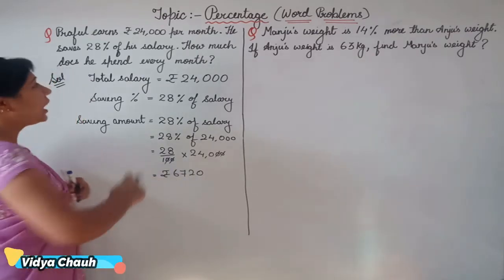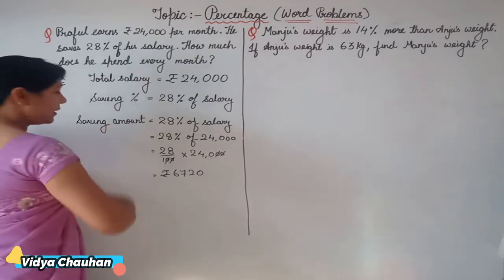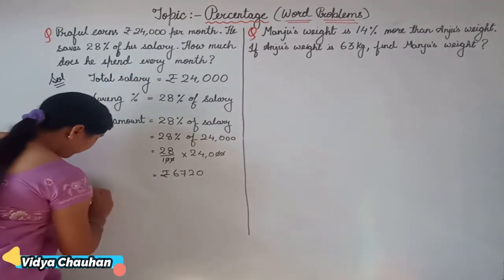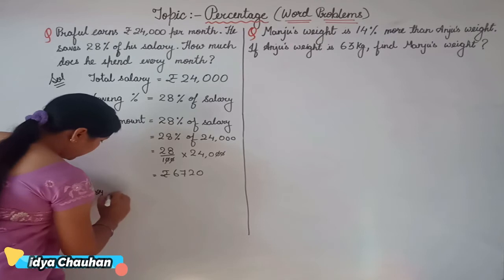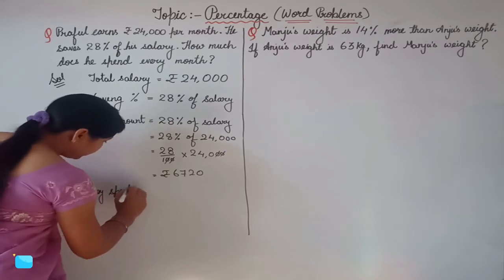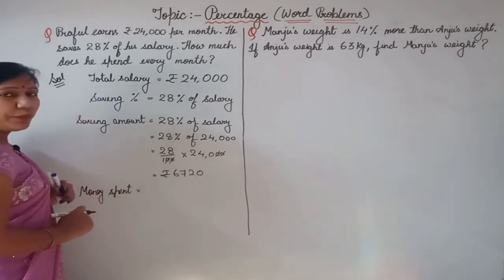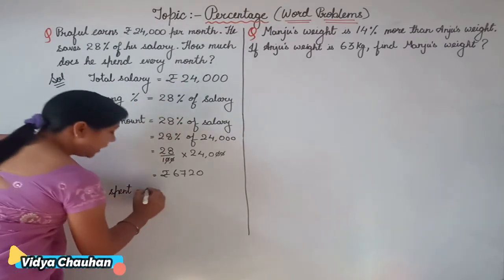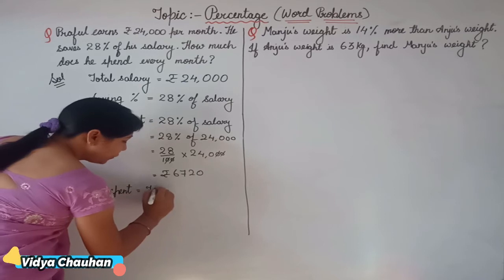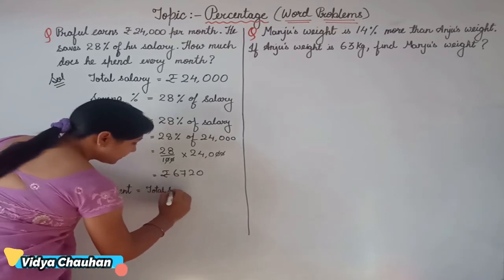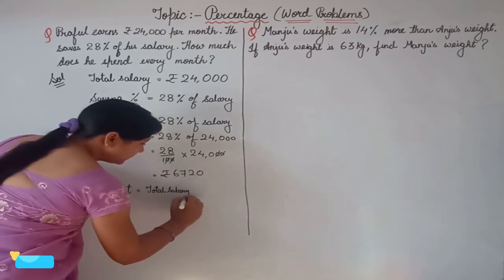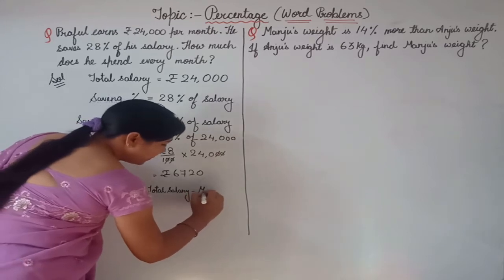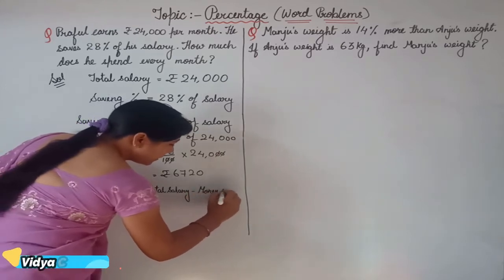Now you have to find how much money he spent. So in the next statement, money spent. How will you find it? Money spent will be equal to total salary minus money saved.